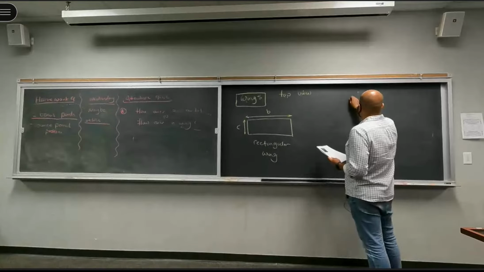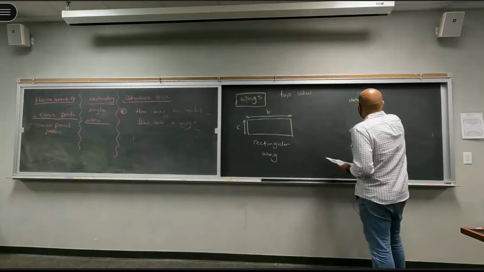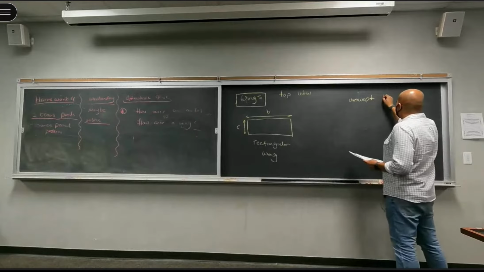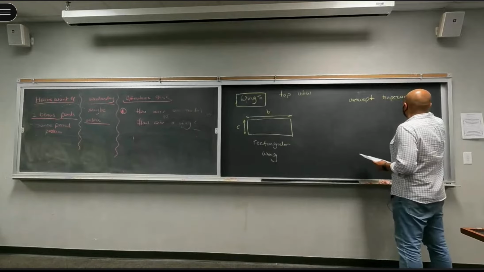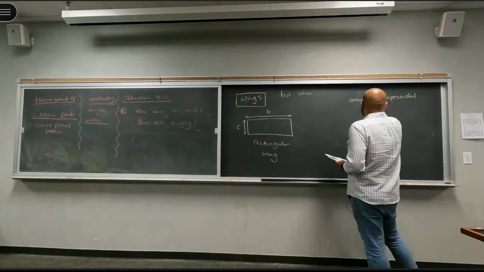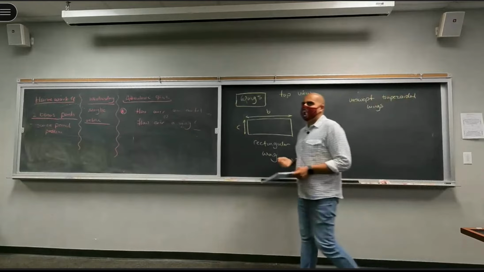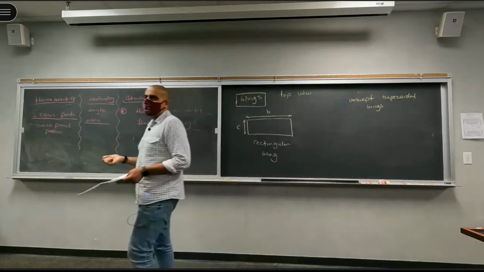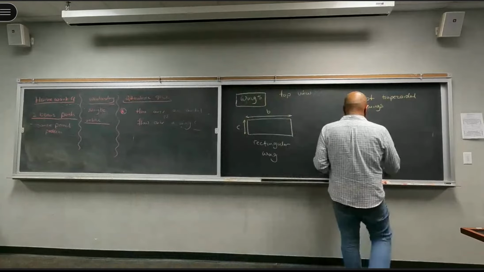Then we move on to a more complicated type of wing, unswept trapezoidal wings, which we can understand from their names that they look like a trapezoid. Right? They should look like two trapezoids.